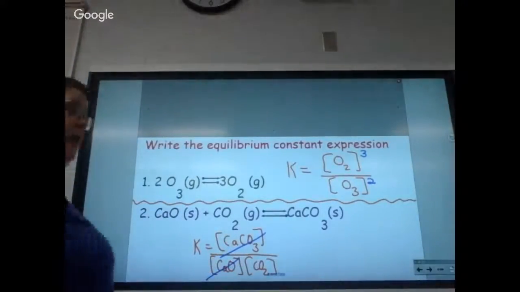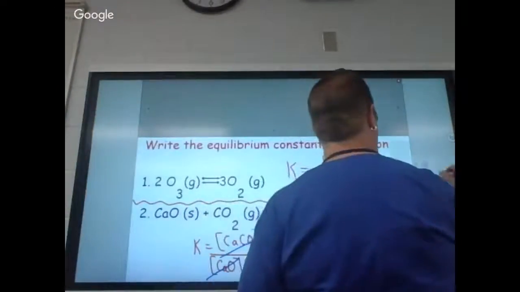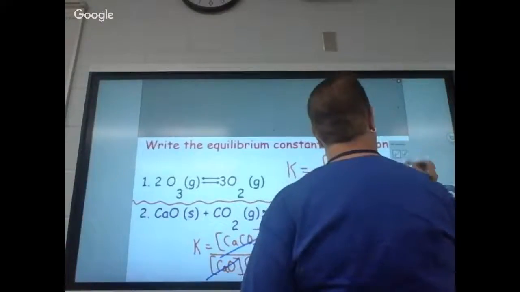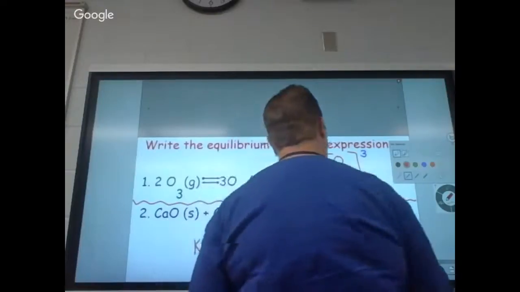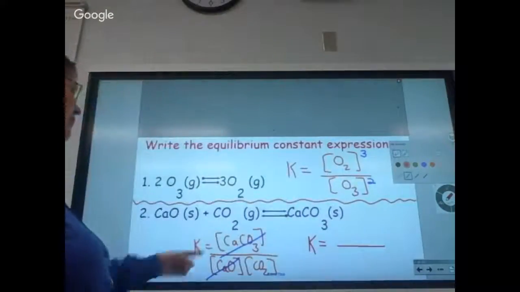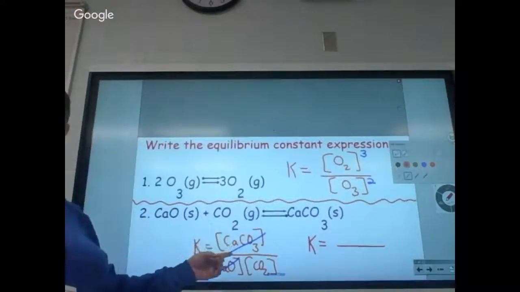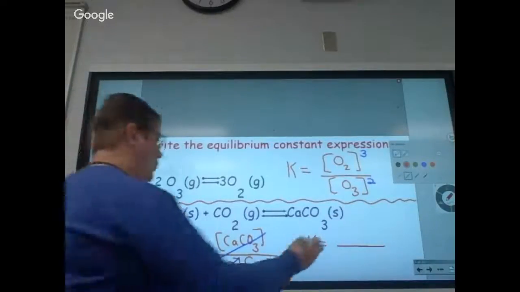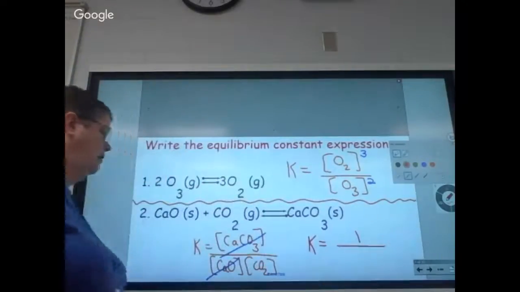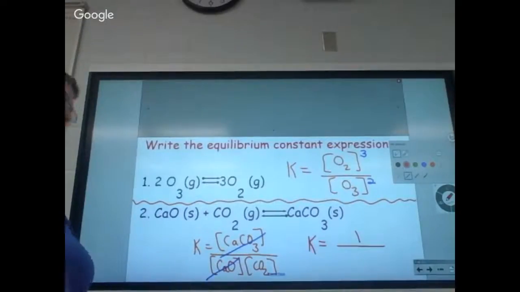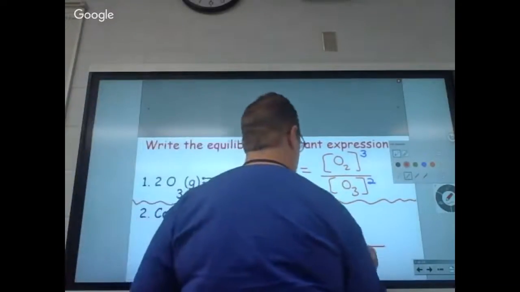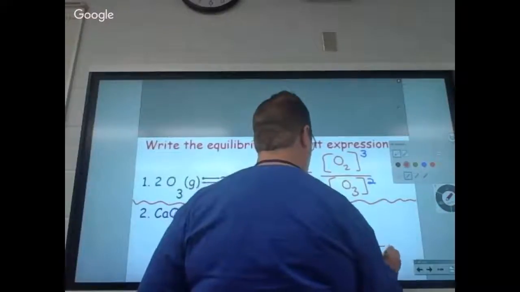All right, so I'm in math class, right? Okay, equals. What do I put on the top if my compound canceled out and there's nothing left? 1. That's right. I just put 1 there. CaO went away, and what's left on the bottom? All right, 1 over CO2.